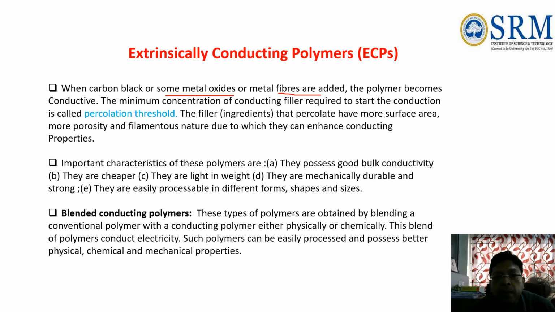So the minimum concentration of conducting filler required to start the conduction is called percolation threshold. The filler, that means the ingredients that percolate, have more surface area, more porosity and filamentous nature, due to which they can enhance conducting properties.